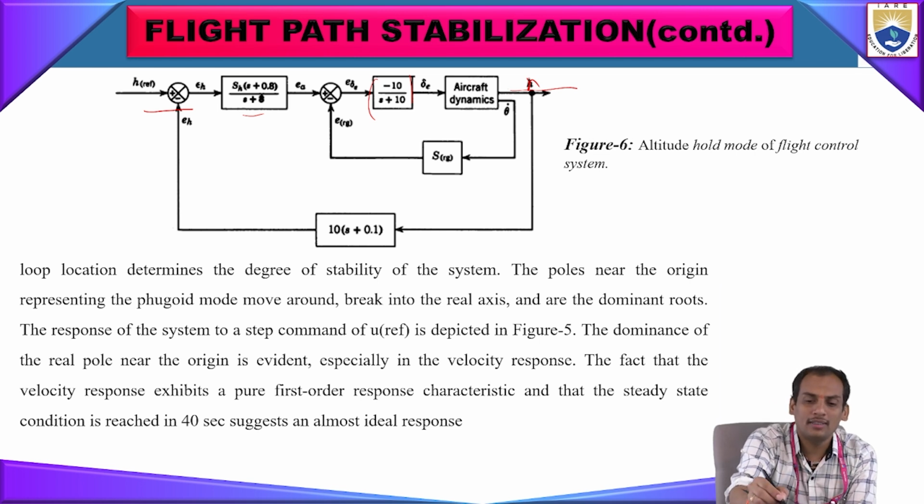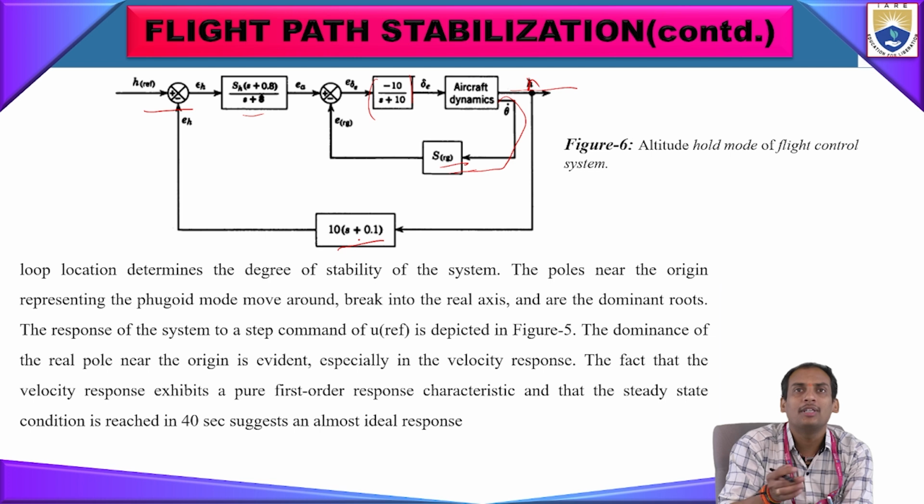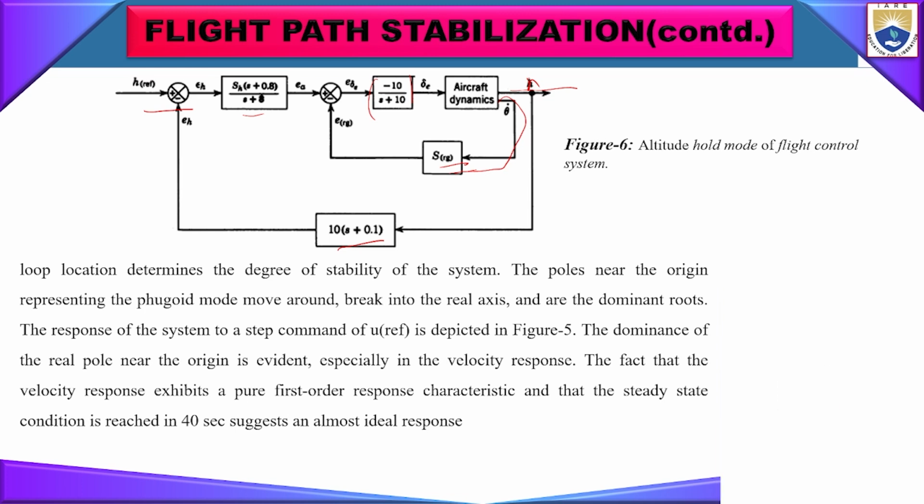Here there are two feedbacks, the rate gyro feedbacks, and the transfer function is also fed to the summing amplifier. Here you see that loop location determines the degree of stability of the system. Poles near the origin representing the phugoid mode move around, and they will break into the real axis and dominant roots only.